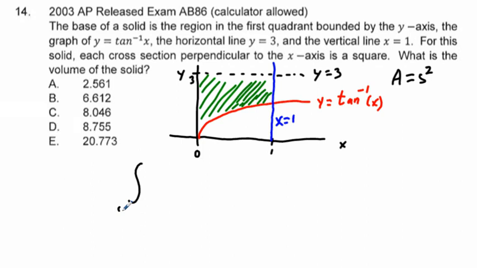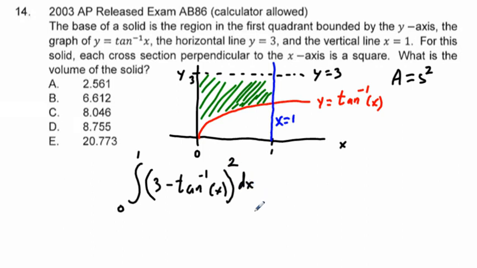We go between 0 and 1, and we have our outer function, which is 3, minus inverse tangent of x, and all important, we are squaring, right? We have s squared, so this is the side of the square here in parentheses, so we're going to square that, dx.